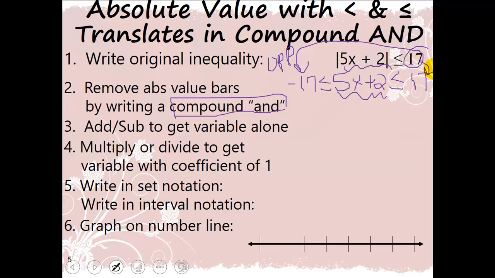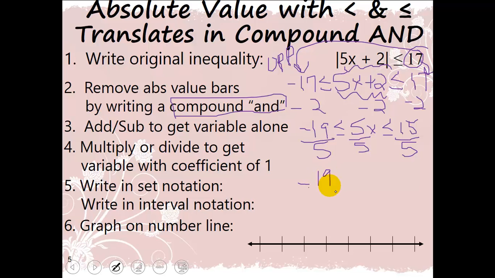I'm going to subtract 2 from all three sections. I get -19 is less than or equal to 5x is less than or equal to 15. Now I'm going to divide every section by 5 to get that x off. And I get -19 fifths is less than or equal to x is less than or equal to +3.